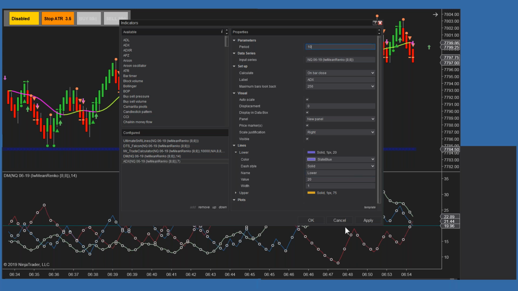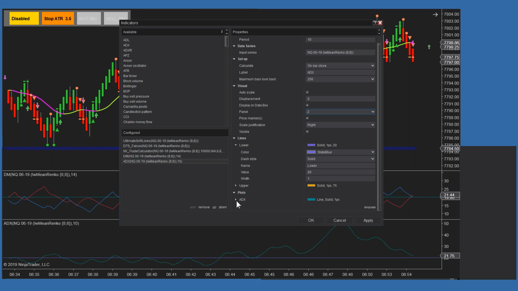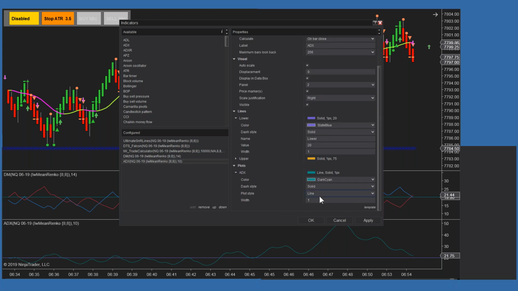We'll kind of split the difference. And what you can do now is you can impose it on the other chart. Here we go. Let's make that a little bit easier to see.